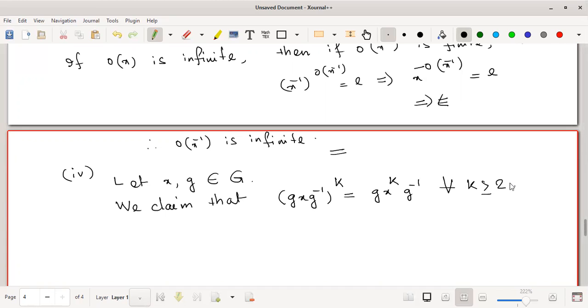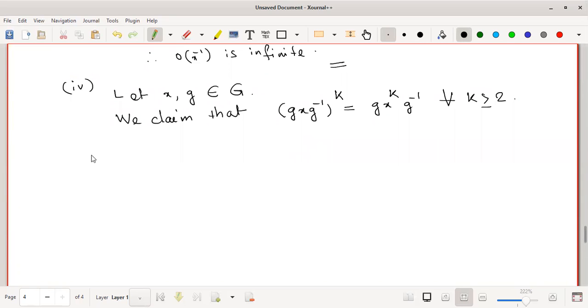For k equal to 1, it is obvious. Let us prove it for k equal to 2.